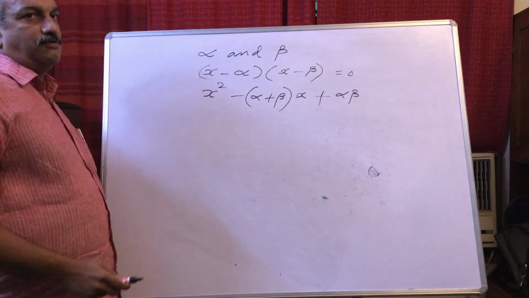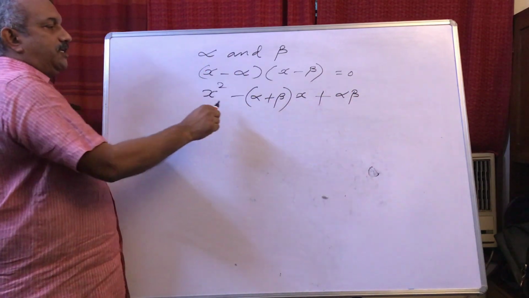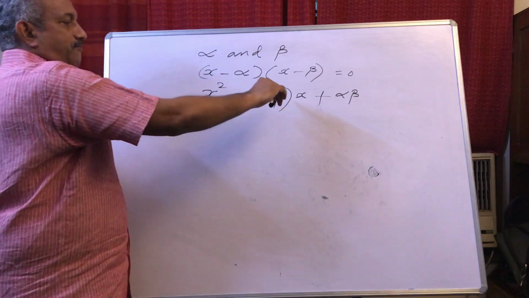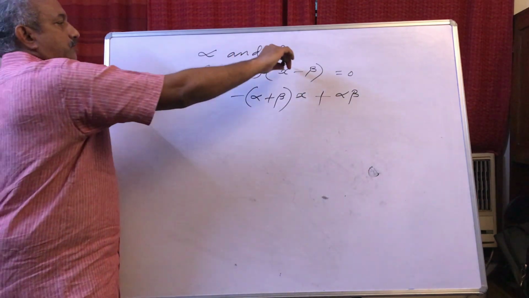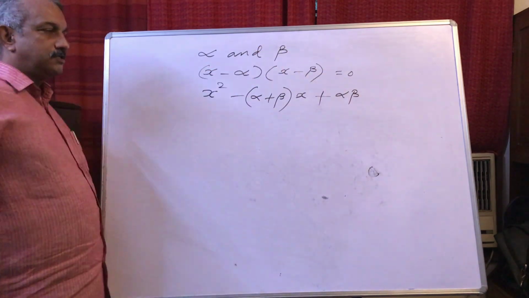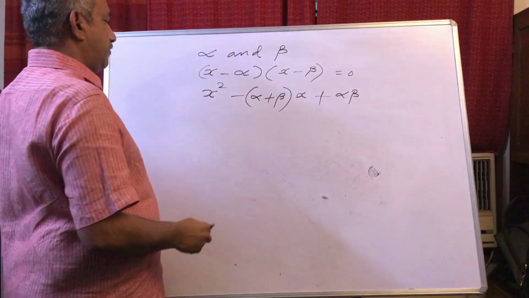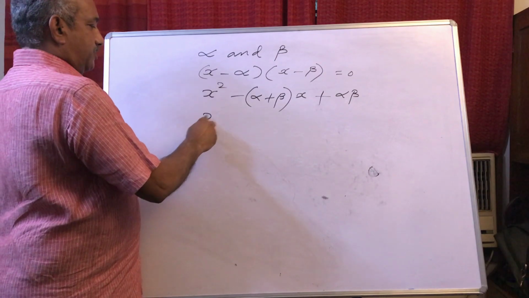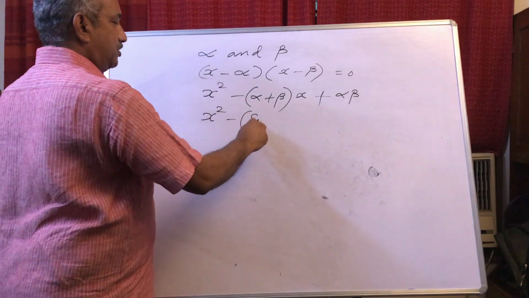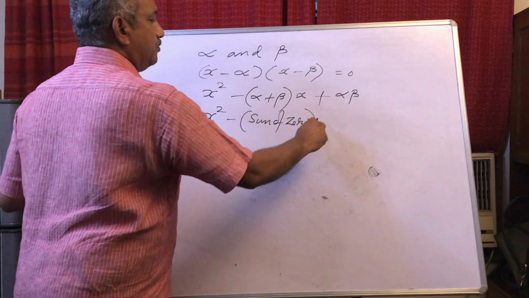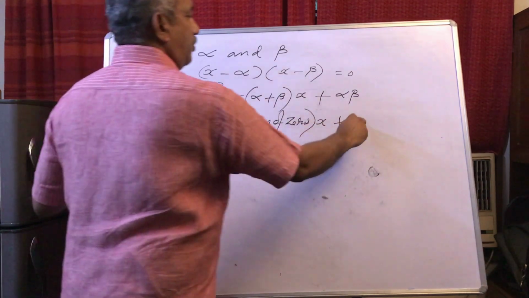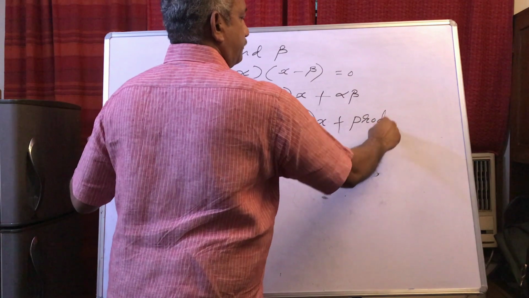So when we open the bracket we get x square minus (alpha plus beta) x plus alpha beta. Either you can use this, or in words we can write the formula: x square minus sum of zeros into x plus product of zeros.